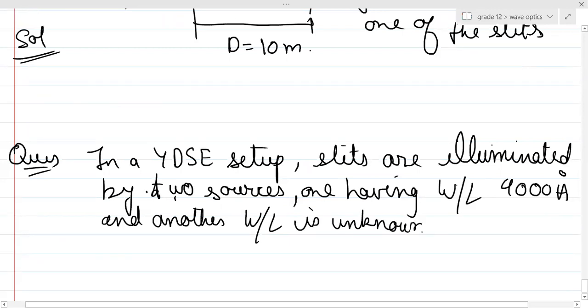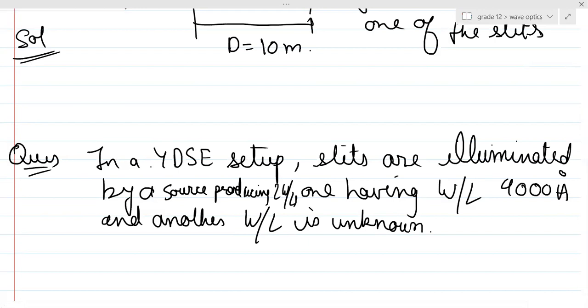So basically, slits are illuminated by a source which is producing two different kinds of wavelength. One wavelength is 4000 angstrom and another wavelength is unknown.